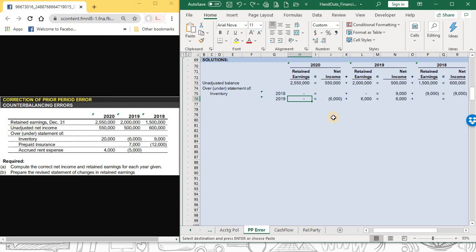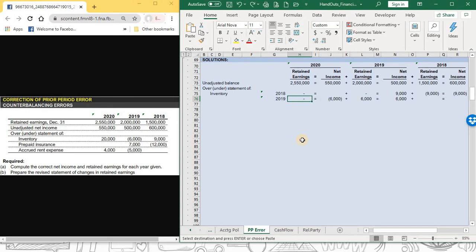So it means that the understatement of the 500,000 net income is already corrected when the net income of 2020 becomes overstated. That is why the overstatement and understatement at the end of retained earnings in 2020 have already offset. And mathematically, 6,000 minus 6,000 is equal to 0.